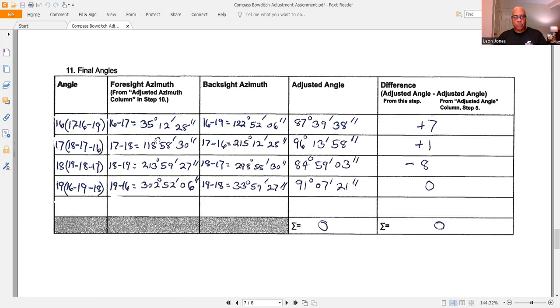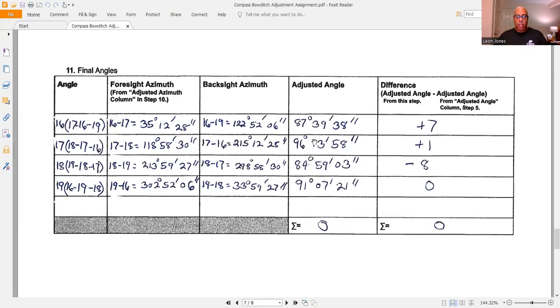I took 215 minus 122. I got this number. I took 395, 5830. Got this number.